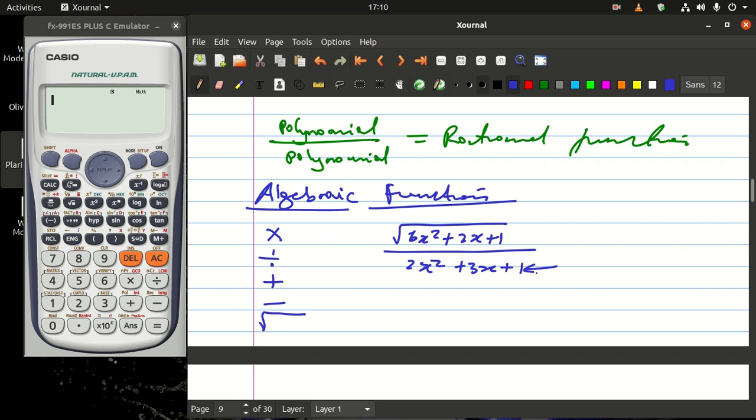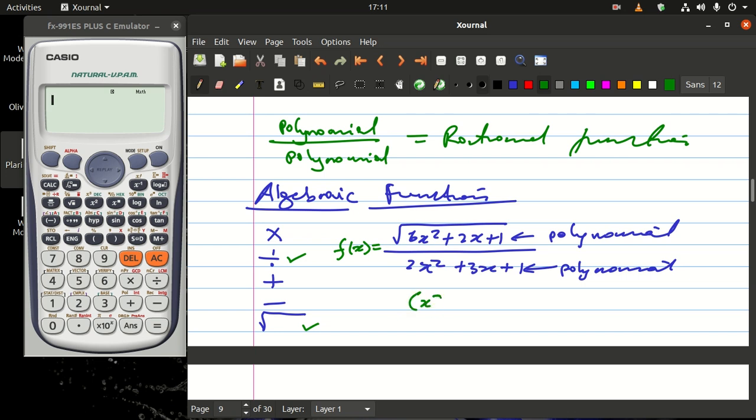This here is a polynomial, and this thing inside the root is a polynomial. So I have taken a polynomial, I took a root, the root is allowed, and then division is allowed, and then I got this. So this function here is called an algebraic function.